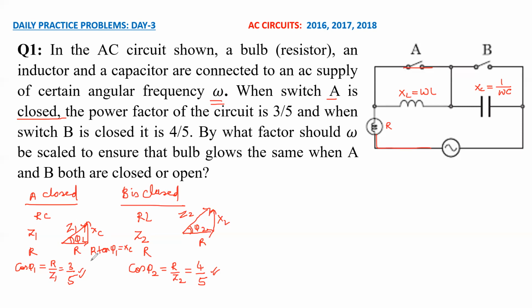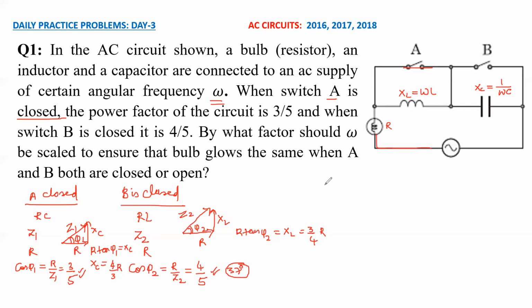So XC comes out to be 4 by 3 R, because tan 53 is 4 by 3. And since phi 2 is 37 degrees, we have R tan phi 2, which is equal to XL, that is equal to 3 by 4 R.